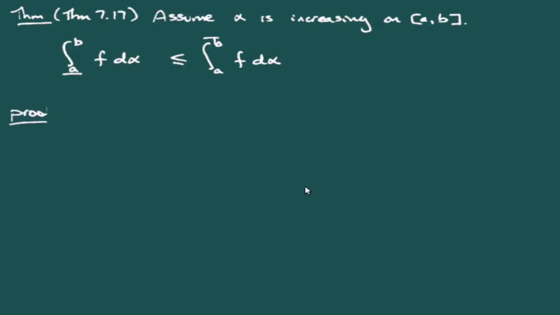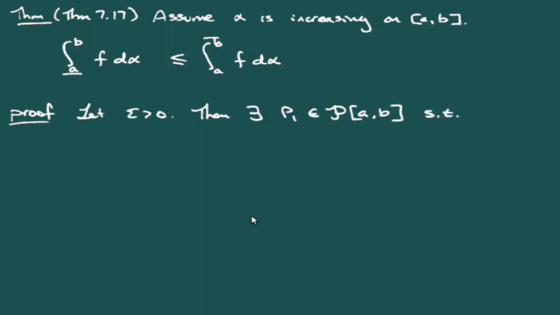For that, let's assume that epsilon is greater than 0. Then there's going to be a partition P1 such that, for the lower Riemann Stieltjes integral, we're taking the supremum over all of these lower sums.